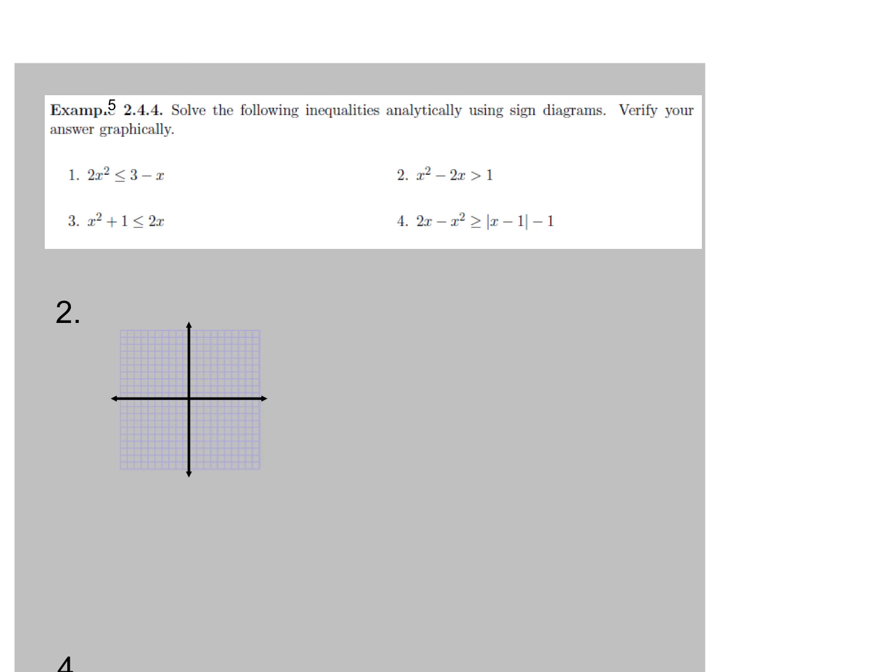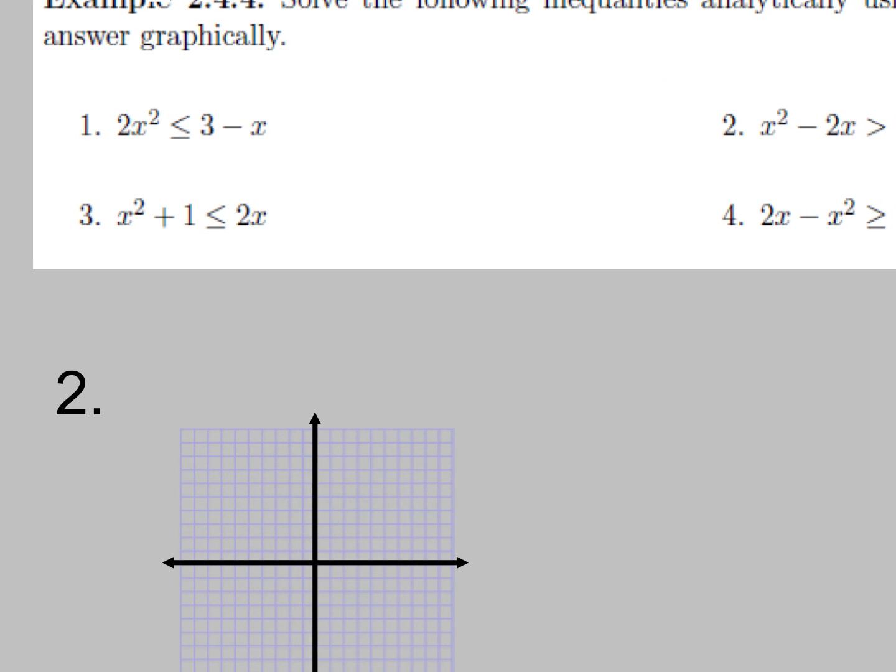Next. This is different. And the key is going to be if you know how to start. Can anybody tell me on number 1, how should I start?